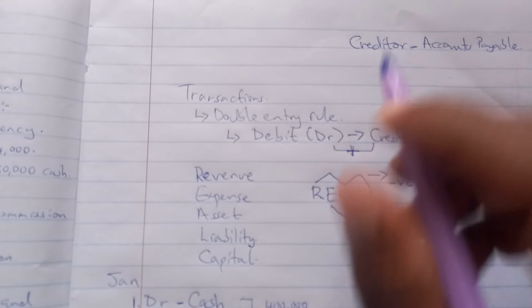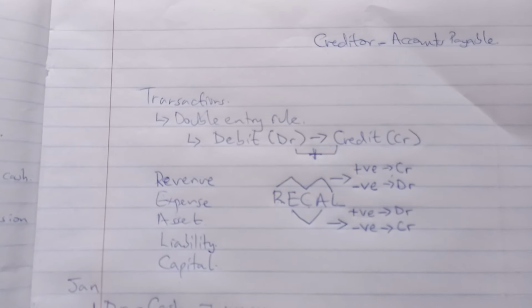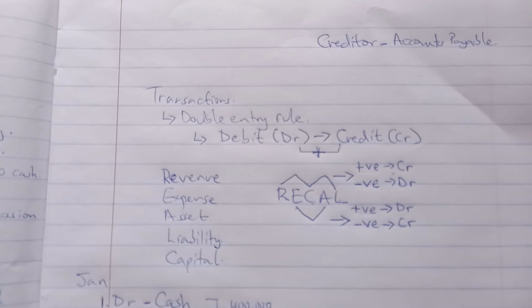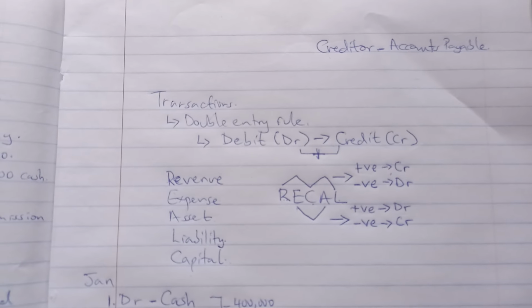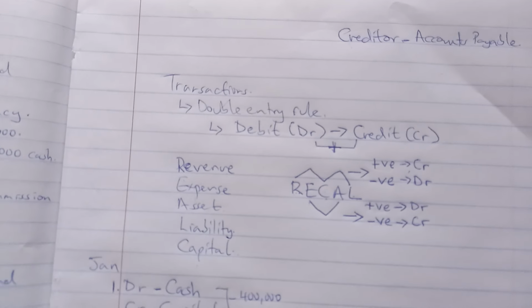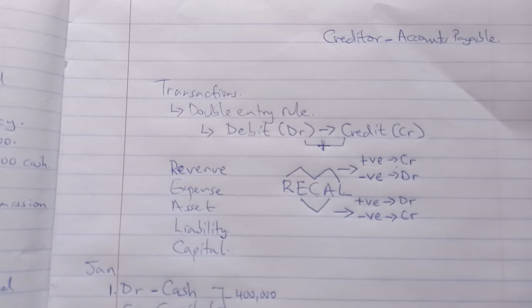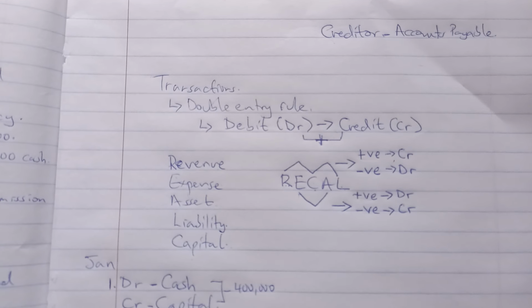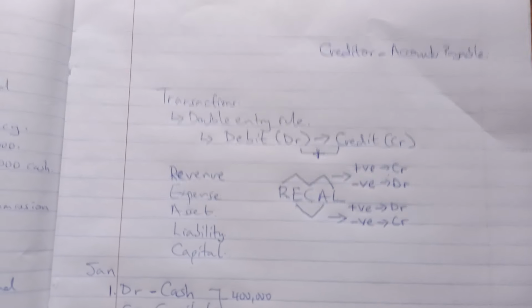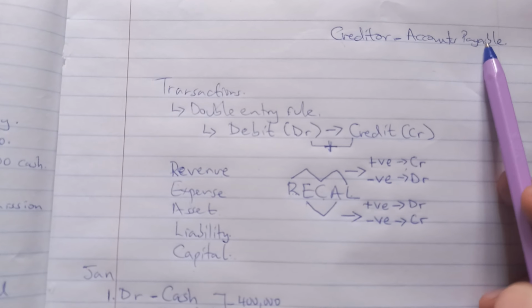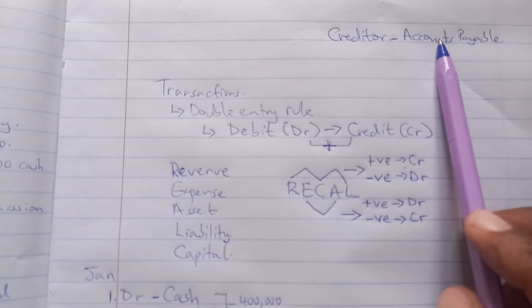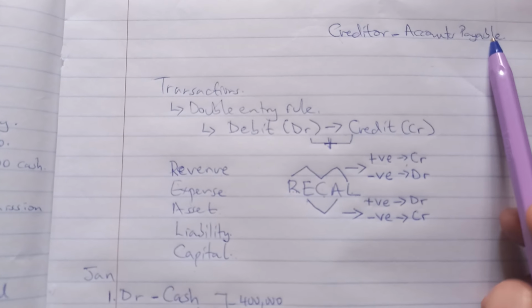And creditors are people who give us maybe assets or something, but on credit. We are benefiting from someone giving us things for free, but we will pay them later. So that is why we are calling them accounts payable. Why? Because these are accounts which we will pay back.